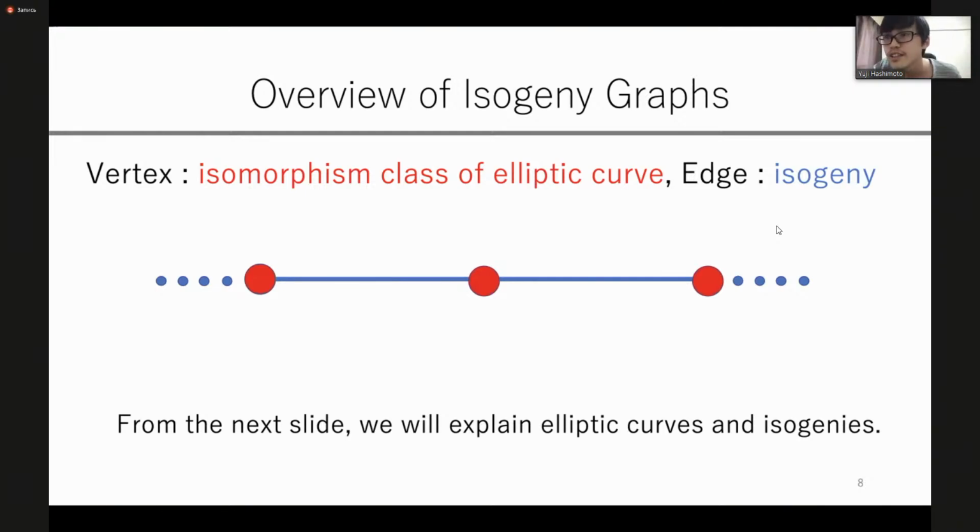Next, I explain the overview of isogeny graphs. An isogeny graph is a graph in which the vertices consist of isomorphism classes of elliptic curves and the edges correspond to isogenies.